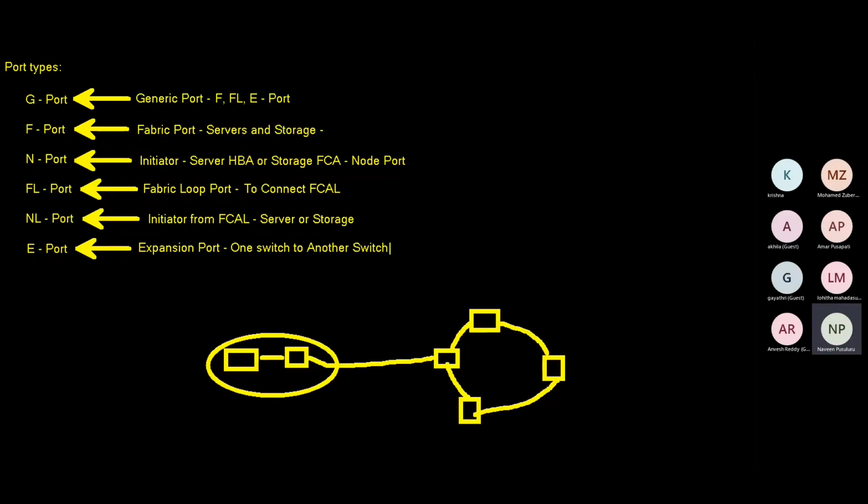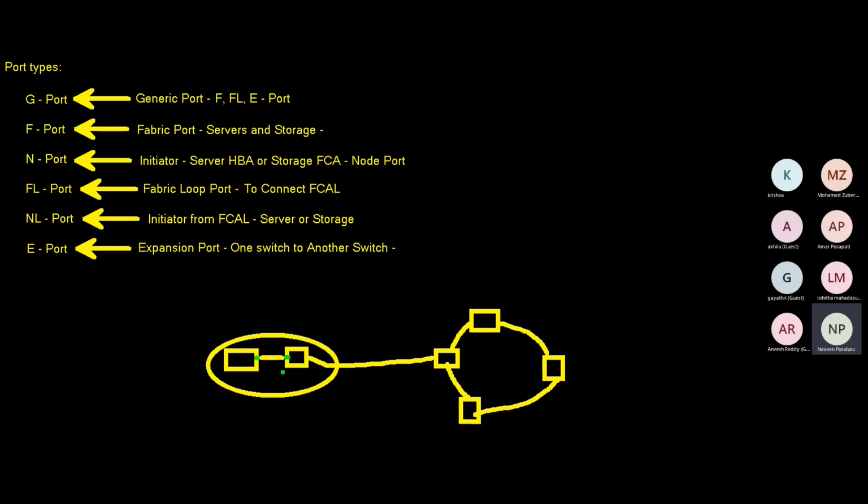For example, in a fabric, in order to create a fabric, I am connecting two switches together, right? The port I am using here is an E port, and the port on the other switch end is also an E port. So we connect two switches together with the help of E ports only. By using E ports, we can expand our fabric by adding more switches, and the switches are able to share configurations with each other.